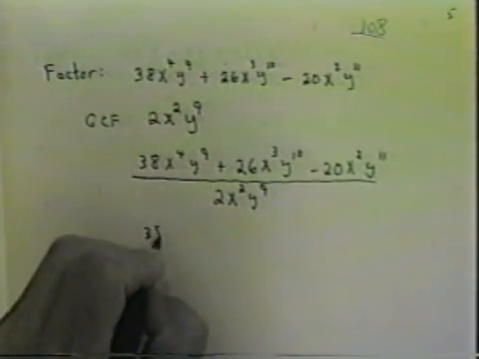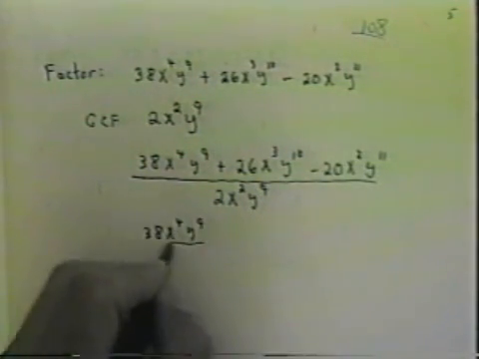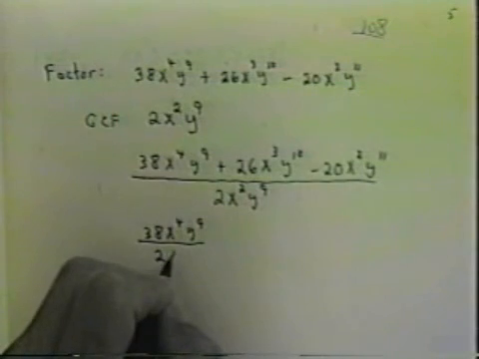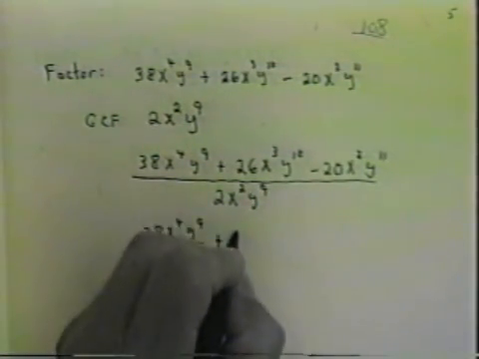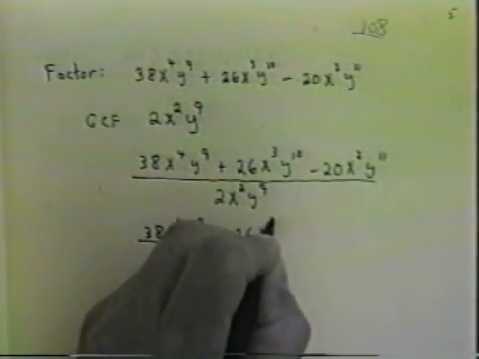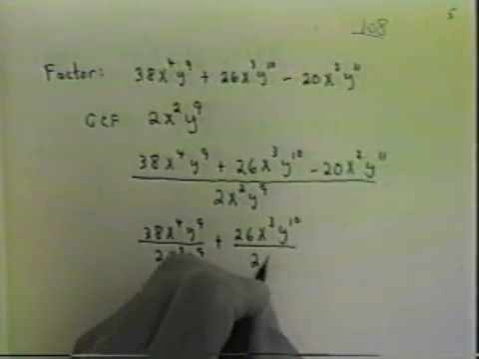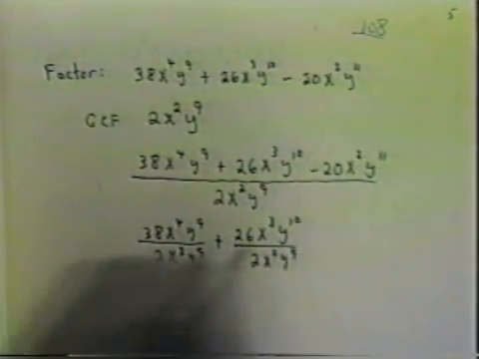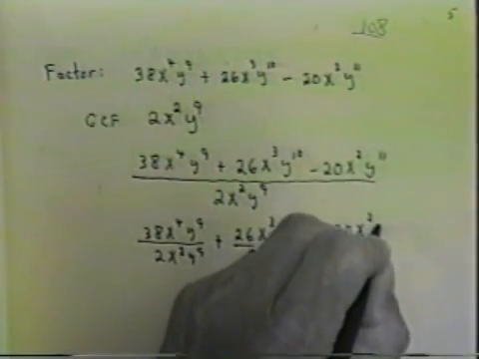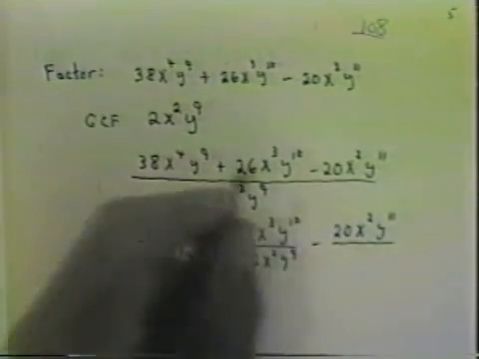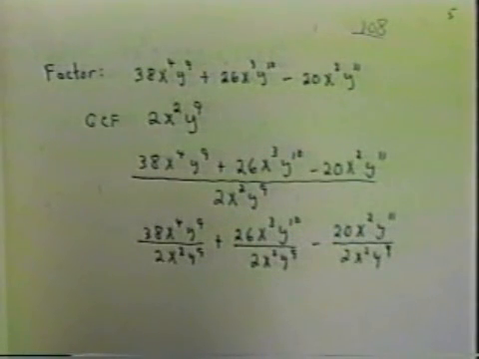Which means I take the 38x to the 4th y to the 9th, divide it by 2x squared y to the 9th, plus the 26x cubed y to the 10th, divided by 2x squared y to the 9th, minus 20x squared y to the 11th, divided by 2x squared y to the 9th.